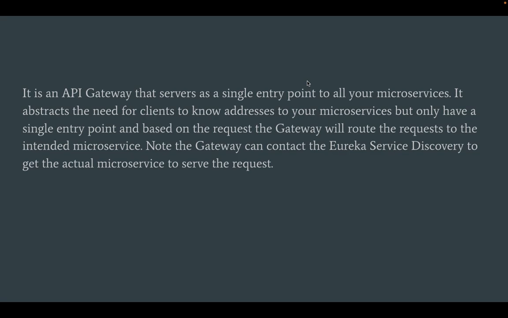So the entry point is the API gateway, and the API gateway will ask service discovery which service is going to be able to fulfill this request, and then the service discovery will say, okay, this is the service that will handle this request, and you will have different service keys as you define these.